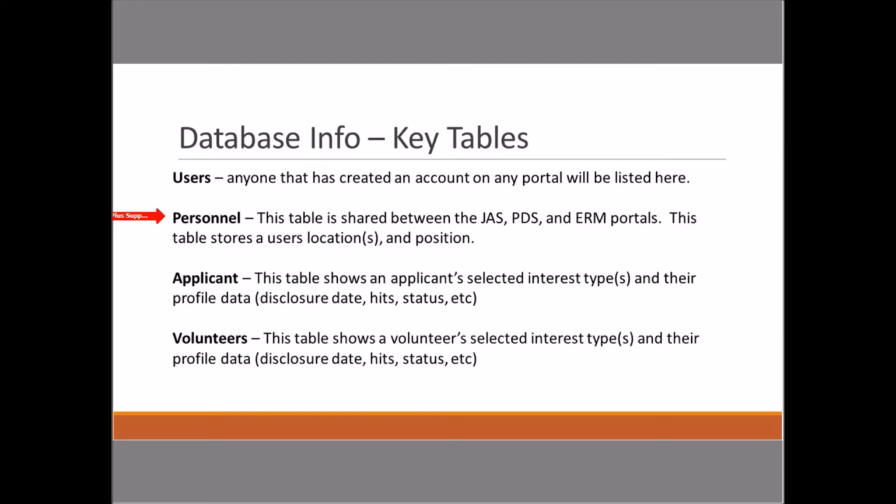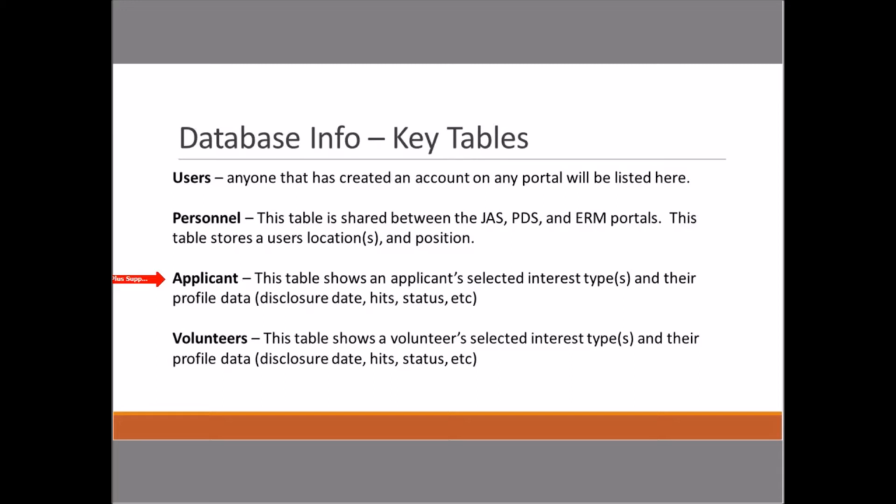If you have the JAS, or the job system, you're going to want to understand the applicant table. People do not get added to this table until after they've selected their interest type and done their disclosure, and then they'll have a record within this table. This table shows all the interest types that they've picked.